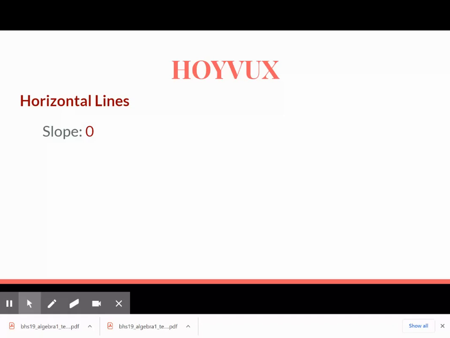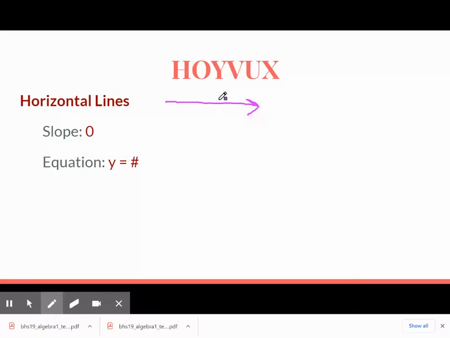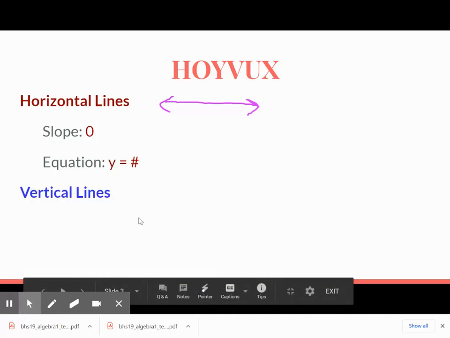And what the Y means is the equation is always Y equals a number. So horizontal lines have a 0 slope, and it's always Y equals a number. Horizontal lines go across. Alright, what the V stands for is vertical lines.